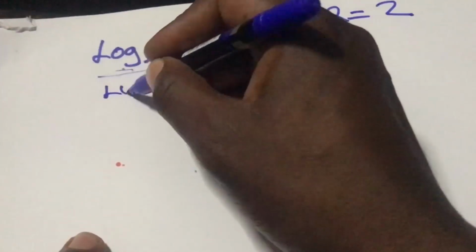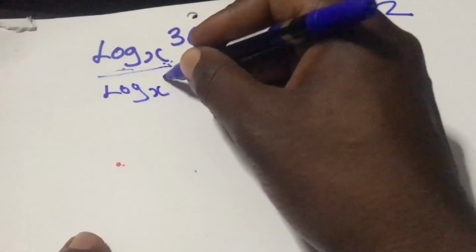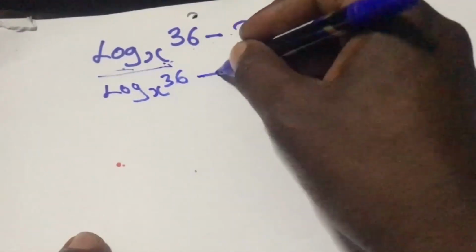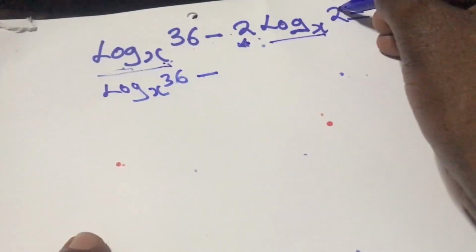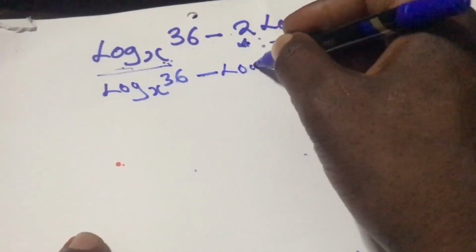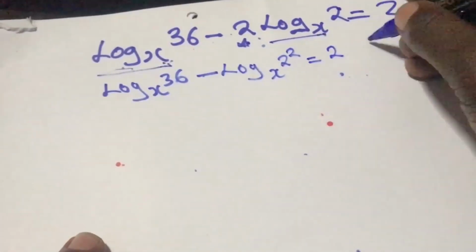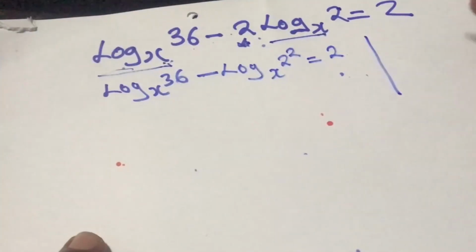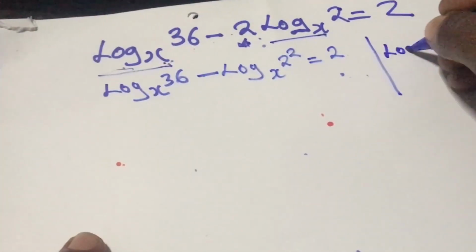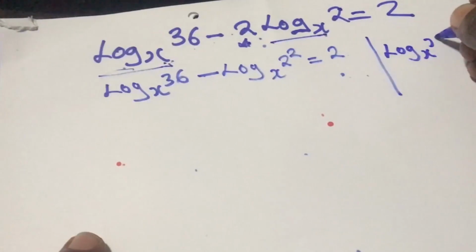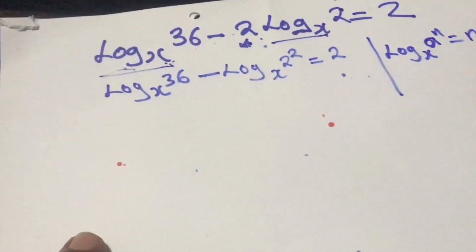So you are going to rewrite this as log x 36 minus, this 2 will come as a power to this one, log x 2 to the power 2 is equal to 2. You remember the power rule, isn't it? Log x of a to the power n is the same as n log x a.